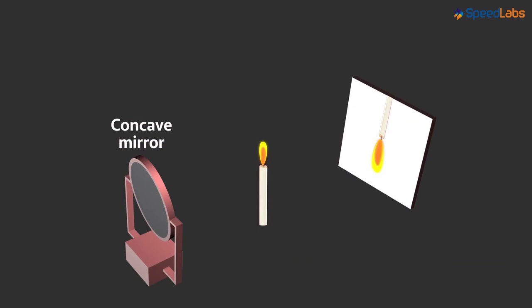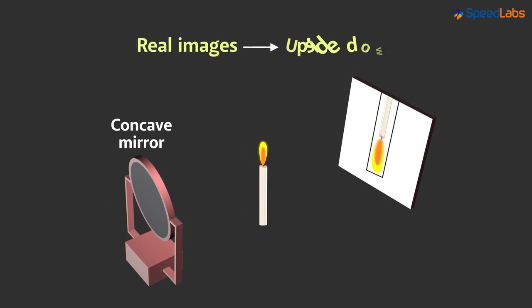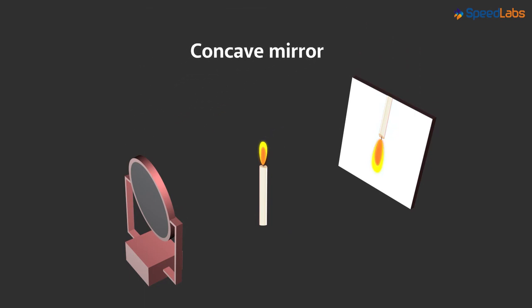But you must have observed that the image is upside down. Here's an interesting fact. Real images are always upside down. It means any image formed by a mirror that can be projected on a screen is upside down. So this is the first property of images formed by a concave mirror. Concave mirrors form both real and virtual images.